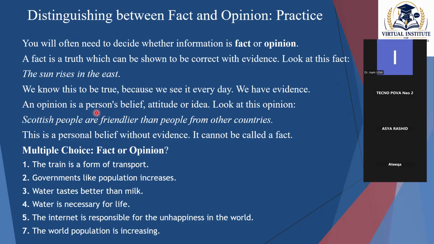Is it clear? For example, here is an example of an opinion: Scottish people are friendlier than people from other countries. Now, this is the opinion of a person, so it could be true and it could be false. For example, in our country's scenario, we usually say that if you ask Lahoris about a direction, they will not lead you to the right direction, right?